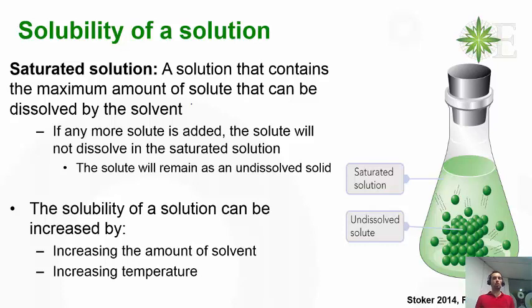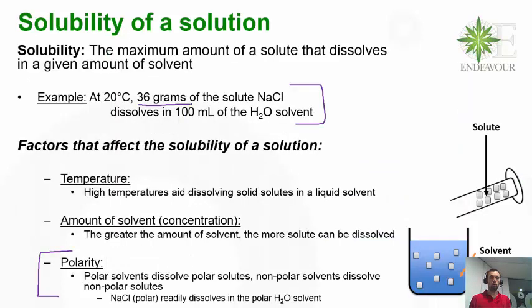Interestingly, if any more solute is added to one of these saturated solutions, then the solute won't dissolve at all. It'll remain as an undissolved solid. So going back to this example, if we tried to add another 1 gram of NaCl, what do you think would happen to that salt in that saturated solution?